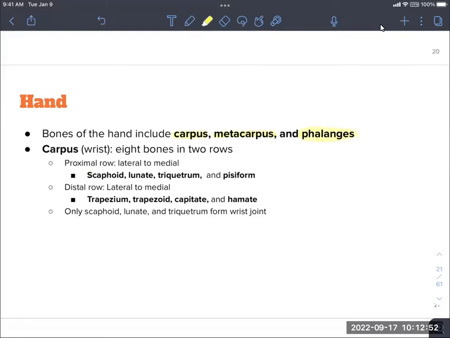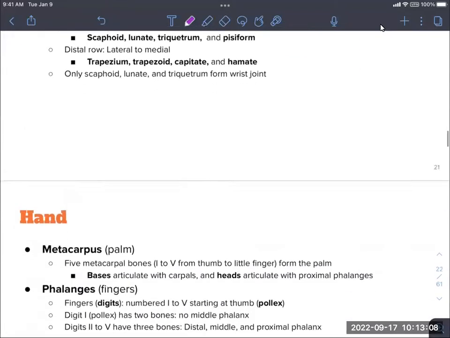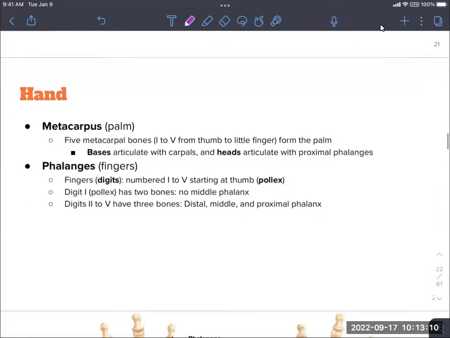That's what you need to know them as: carpal, metacarpal, and phalange bones. You don't need to know the specific names. So as I said, the carpals are your wrist, metacarpals are the palm of your hand, and those phalanges are your fingers.